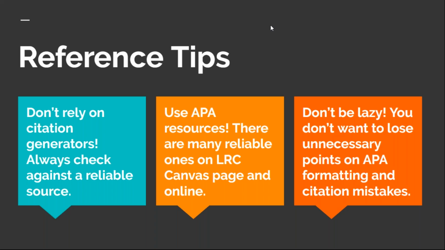We don't want you to be lazy, right? You don't want to lose unnecessary points on APA formatting and citation mistakes. I've had students turn in papers that only had a list of links at the end as their references. And needless to say, that is not an acceptable form of citing your sources on the reference page.